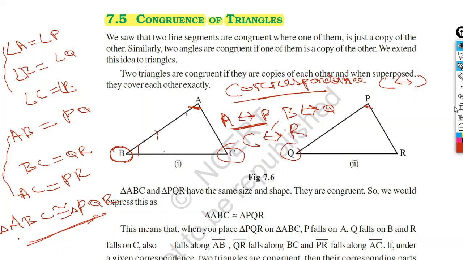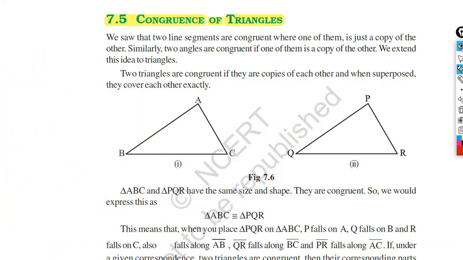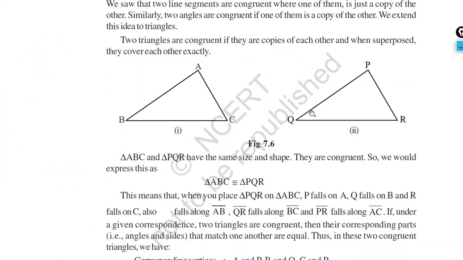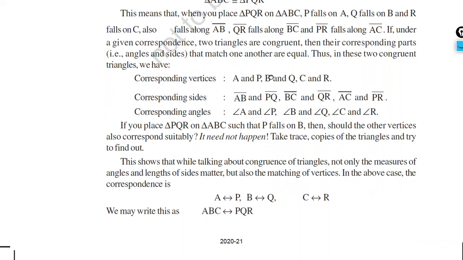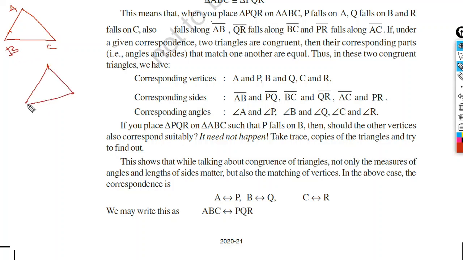Okay. Again I will draw another triangle. Let's see whether they are congruent or not. Here suppose we draw one triangle ABC, another triangle PQR.